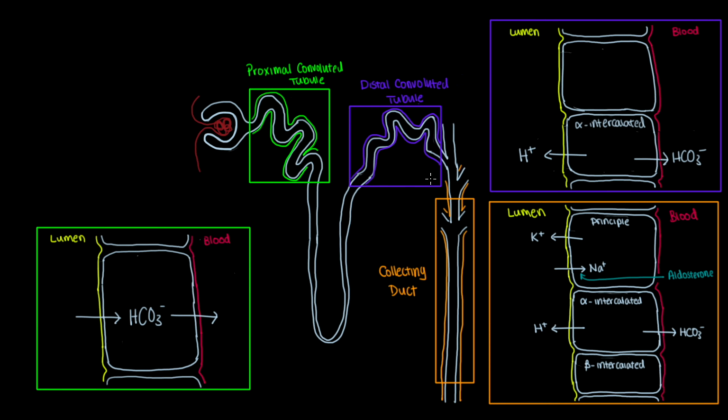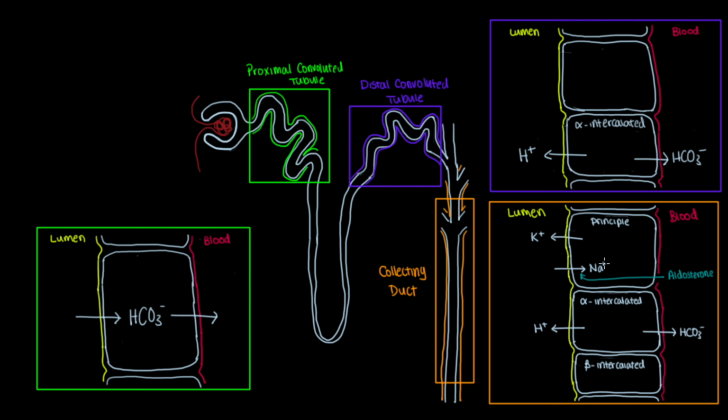So I know that everything can get kind of confusing with all the arrows and things moving everywhere, so I've parsed down to the bare bones of what we actually need to know about each of the types of cells in order to understand renal tubular acidosis. So in the proximal convoluted tubule, just know that here bicarb comes from the lumen into the cell, into the blood. That's the net effect. In the distal convoluted tubule, we have a net effect of acid being secreted into the lumen and bicarb being reabsorbed into the blood.